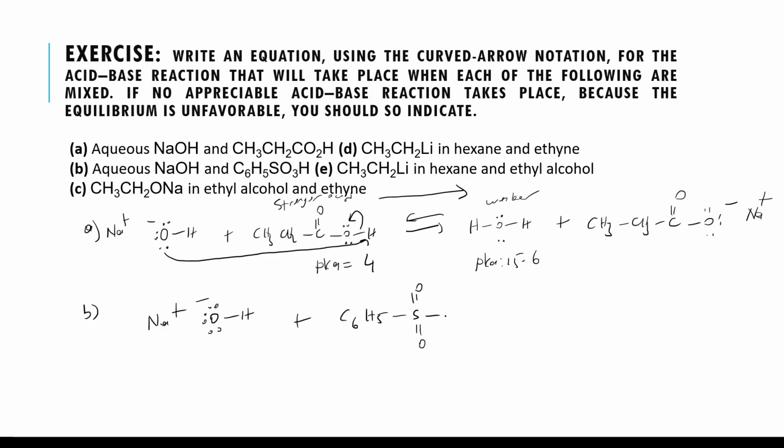Sulfonic acids are like this: 2 double bonded oxygens, 1 OH. So the acidic proton here is this proton. Let me show with the laser pointer. So this is the acidic proton.